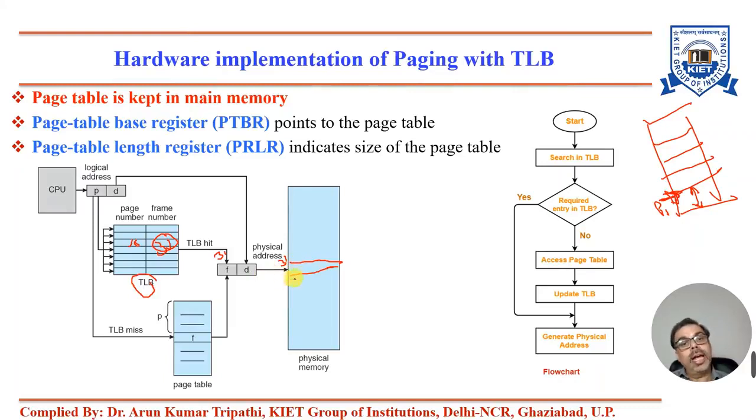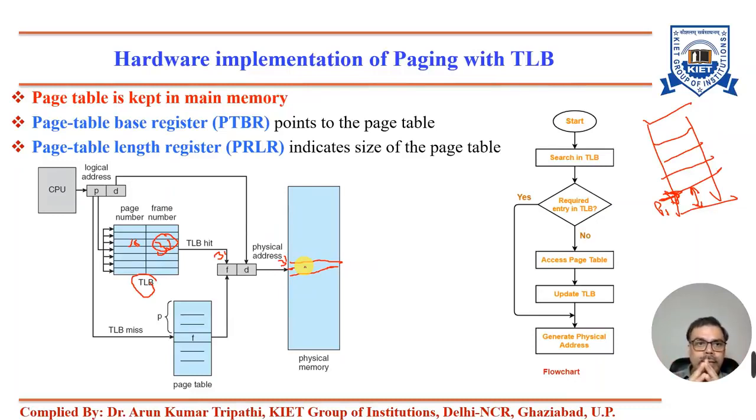Now it will add the offset to find the particular instruction, that is, the actual location of the instruction in that frame. So the offset value will be added. This is the concept when there is a hit. A hit means that the page and the corresponding frame number are found in the TLB.